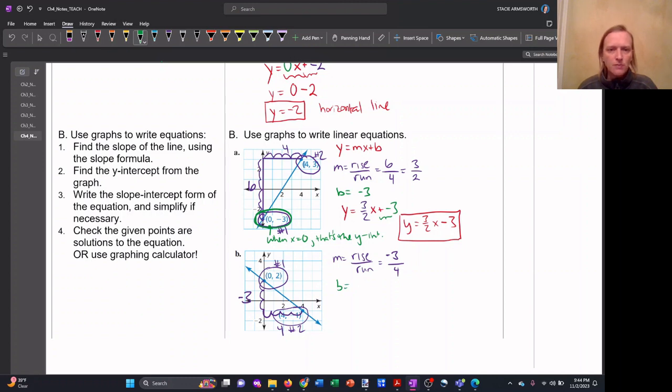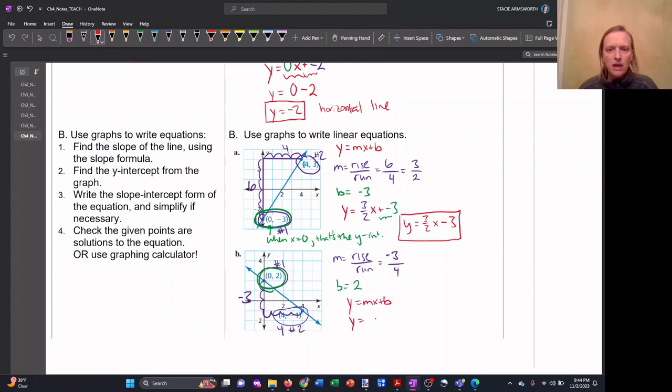Remember, the y-intercept is where the graph crosses the y-axis. It's where x equals 0 on the function. And so here I can see that my y-intercept is +2. I'm now ready to plug these values into my y equals mx plus b formula.